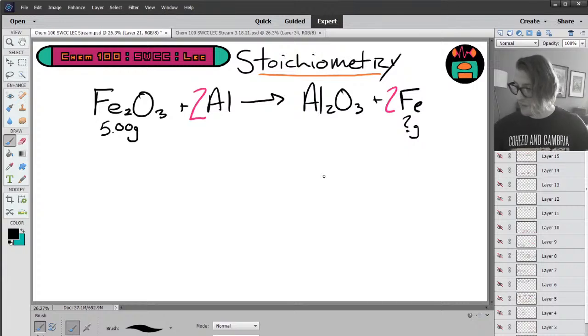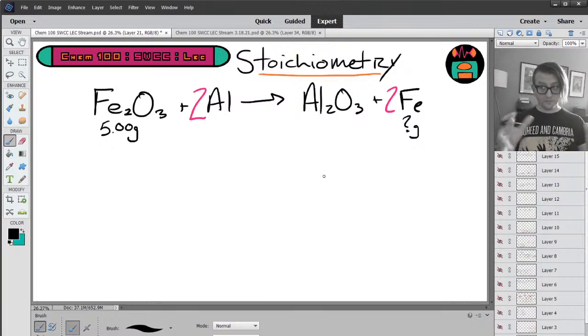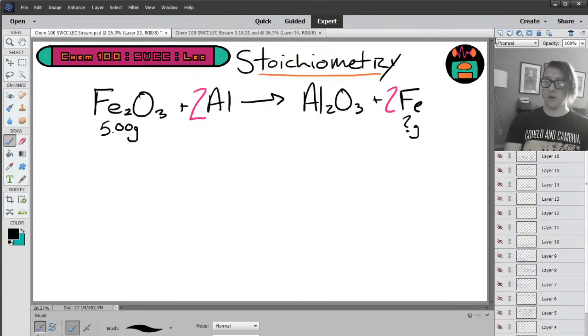That's another way of saying, what is the mass of iron produced? So we start with 5 grams of iron 3 oxide and need to find our mass of iron. This is going to take some converting.